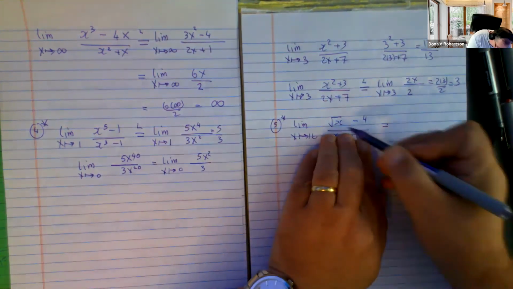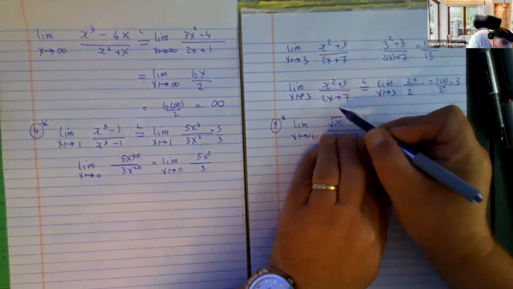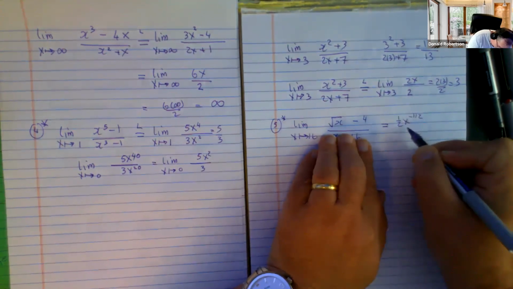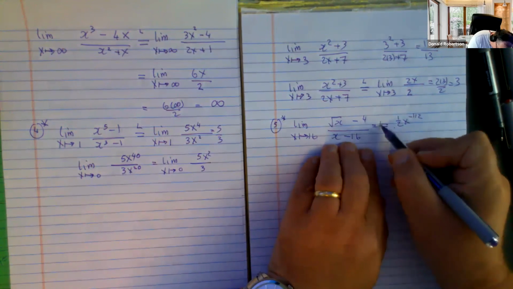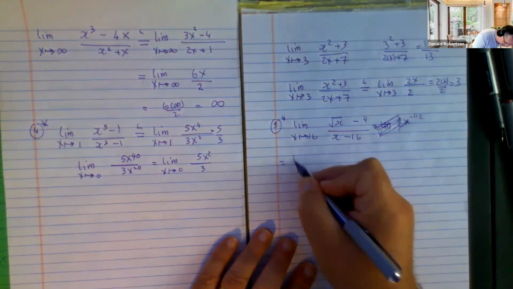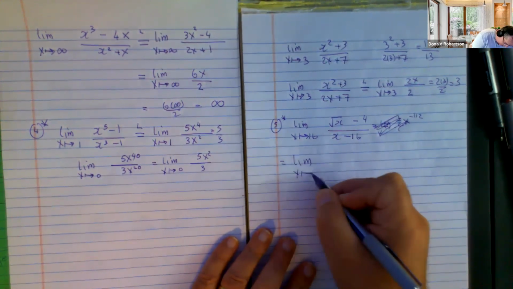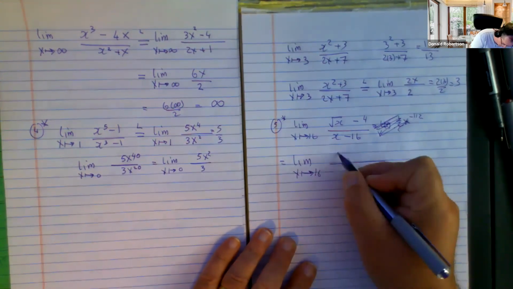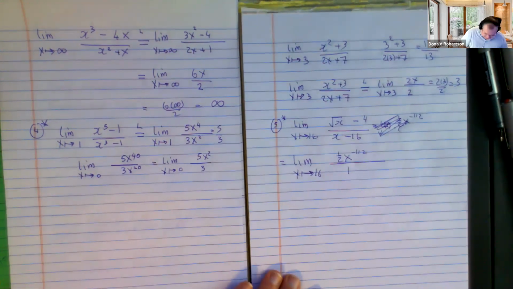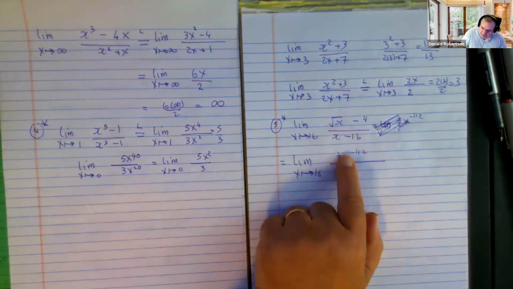If you differentiate this guy, I guess I should call it x to the half, you get 1/2 x to the negative a half. I know it's a bit ugly, and I need to put in my limit. Let's do it underneath. 1/2 x to the negative a half over 1. Differentiate the top, you get this.